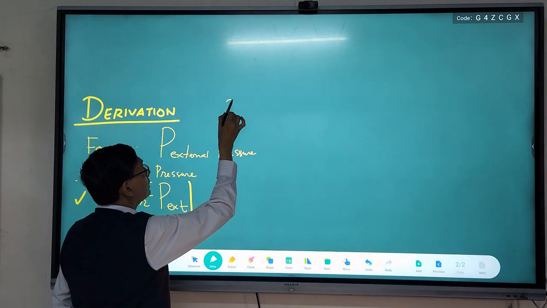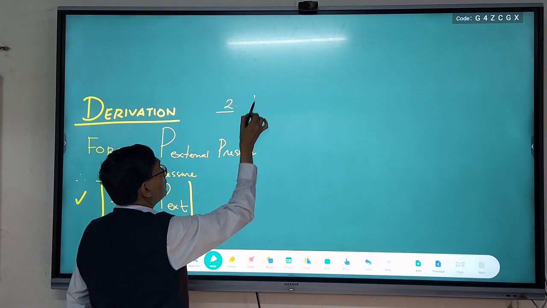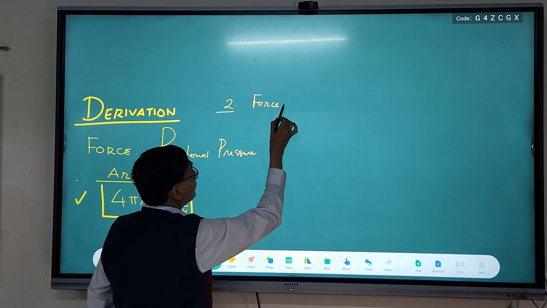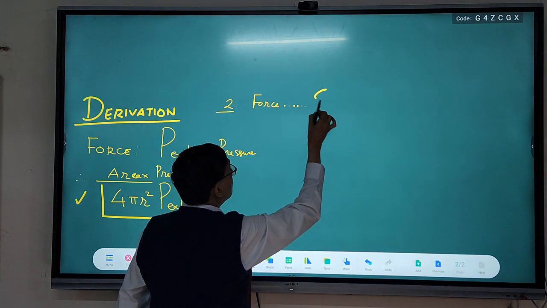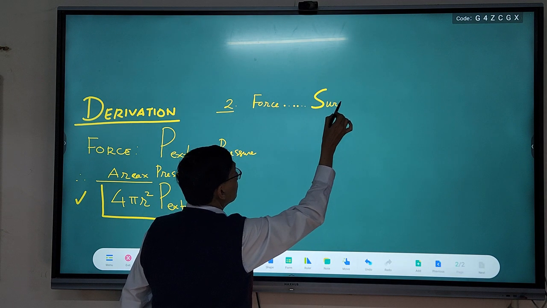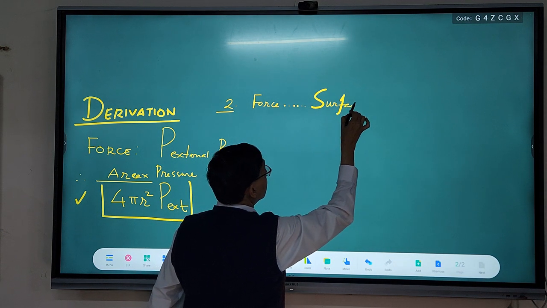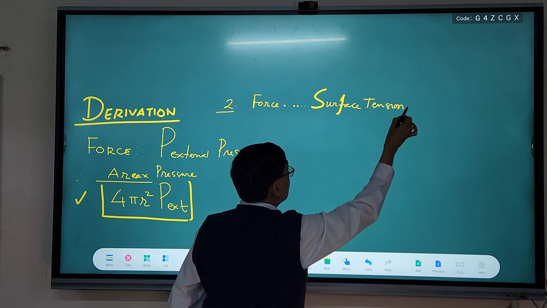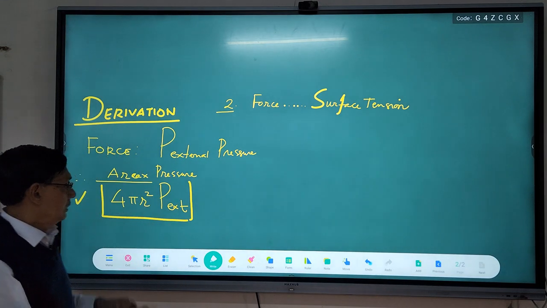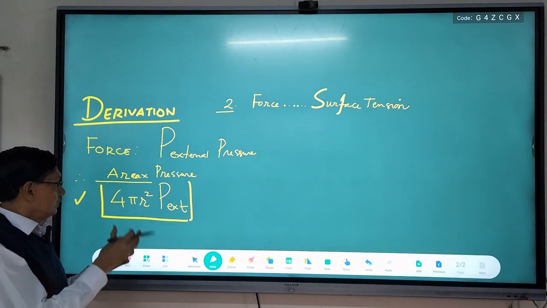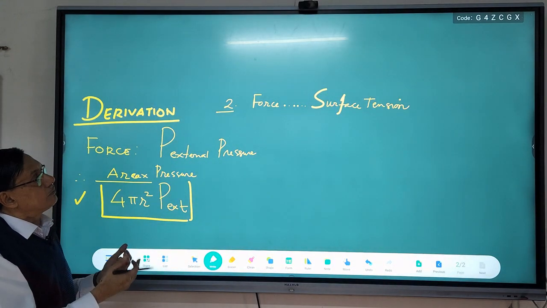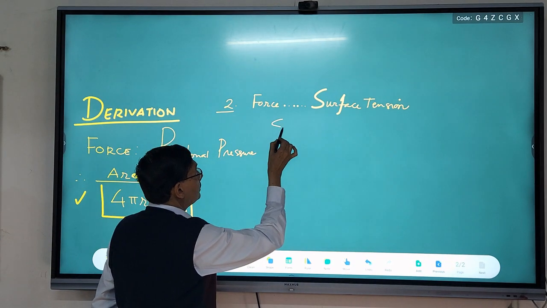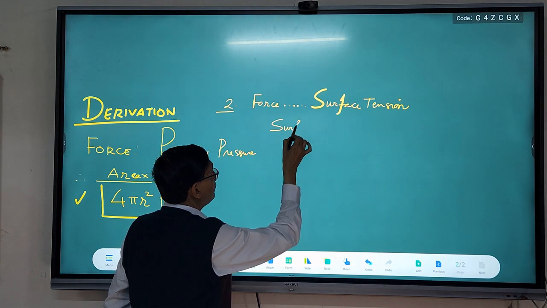Second, calculation of the force due to surface tension. As you know, when there is an external pressure and internal pressure, there is a change in the surface area.